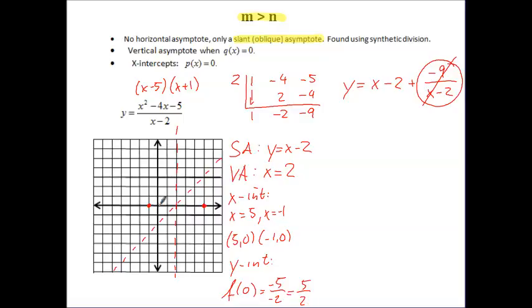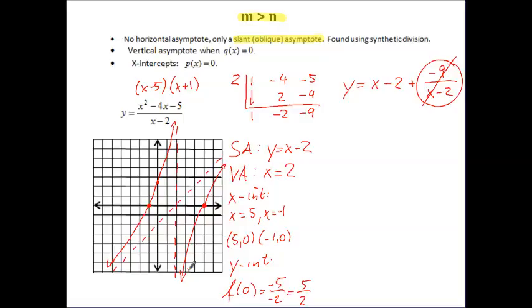So the y-intercept is at +2.5, and that's enough for us to now go ahead and graph. Remember, our graph always approaches our asymptote. So this is how the left part is going to look, and the right part is also going to approach the asymptote. Both are approaching the vertical asymptote as well as our slanted asymptote.